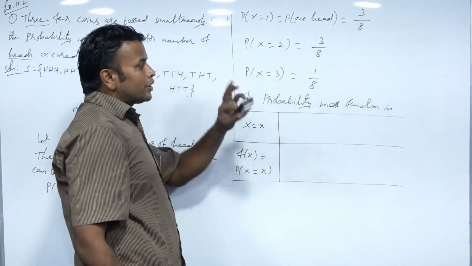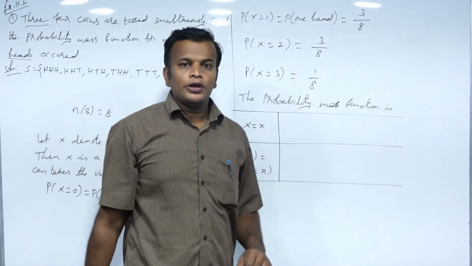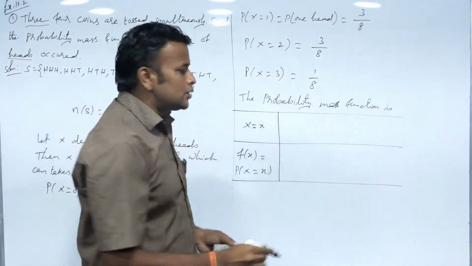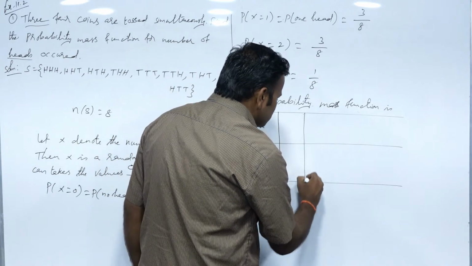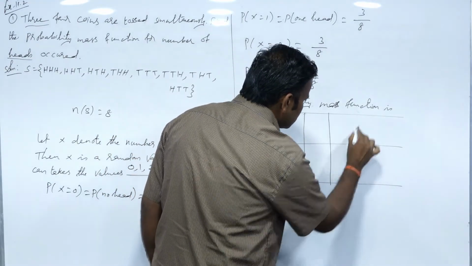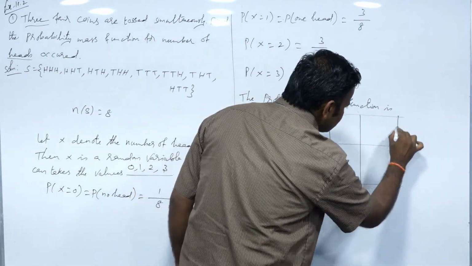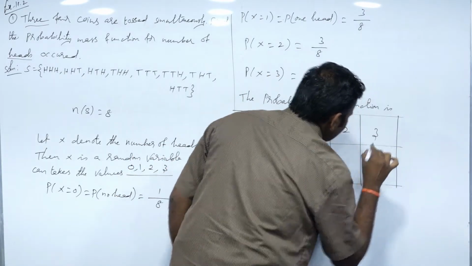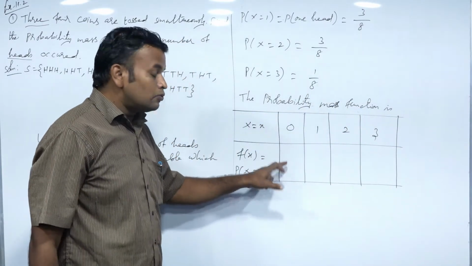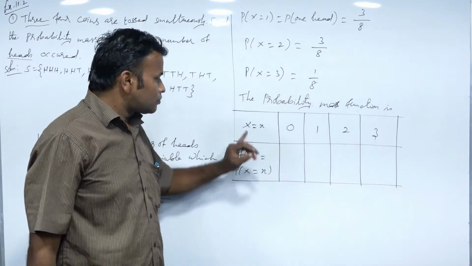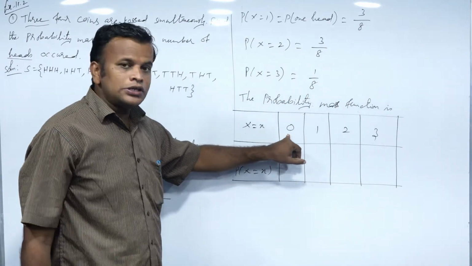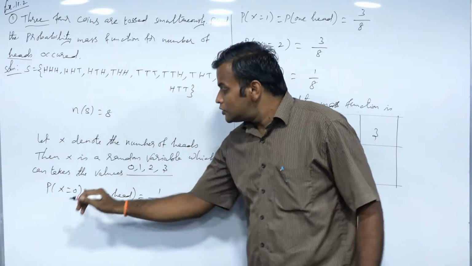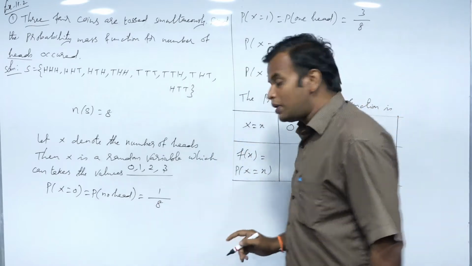Then what is the total number of values of the random variable? Start from 0, 1, 2, 3. Next, this one is whose probability values? When X is equal to 0, the probability value is 1 by 8.